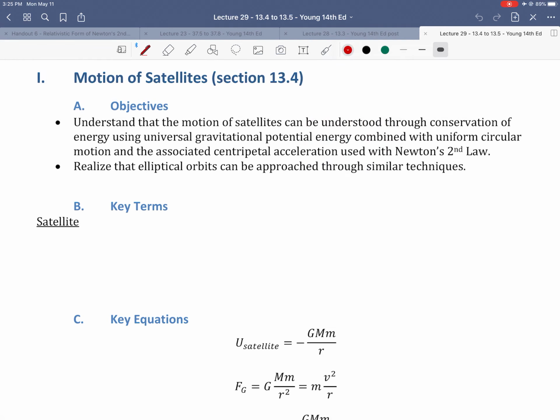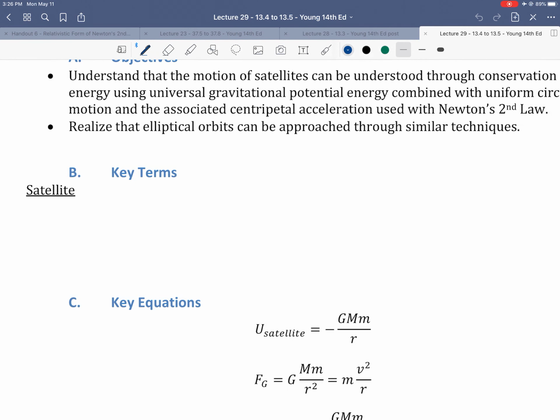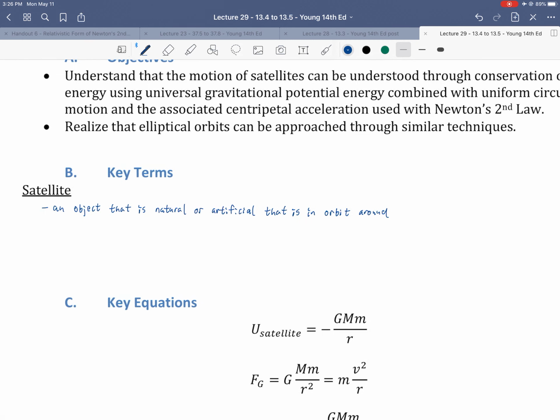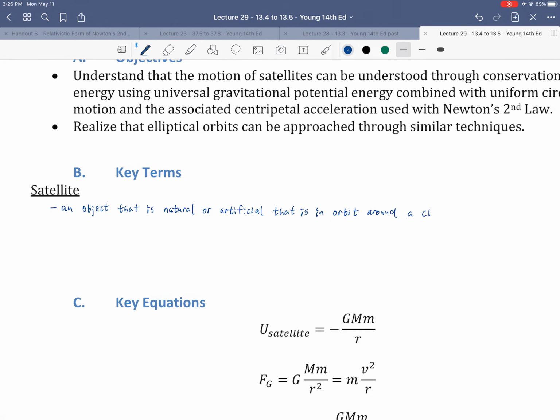So, I think we all know what a satellite is, but I want to talk briefly about the definition. So we could say that a satellite can be natural or artificial. So an object that is natural, that'd be like the moon, or artificial, like a communication satellite, that is in orbit around a celestial body, like the Earth.